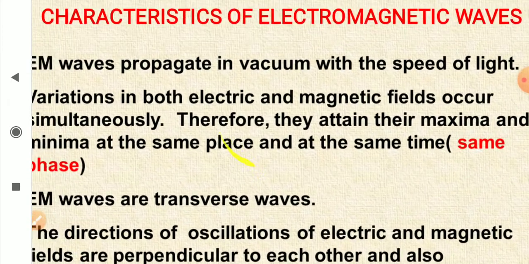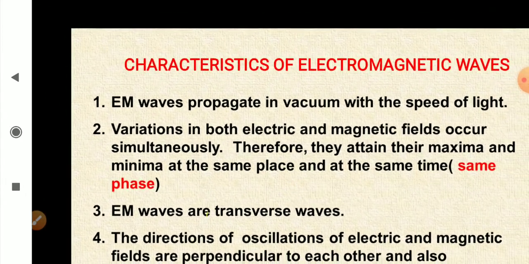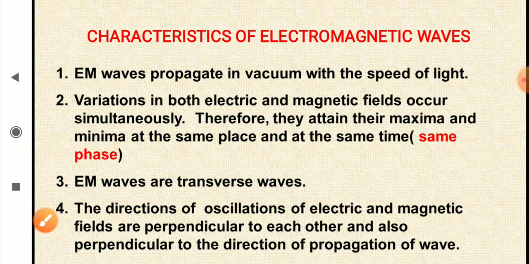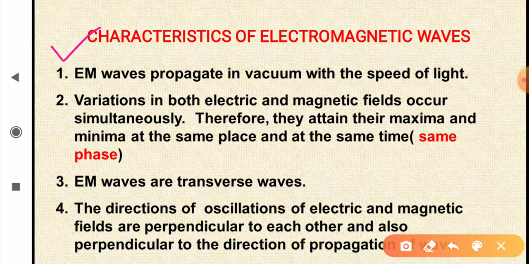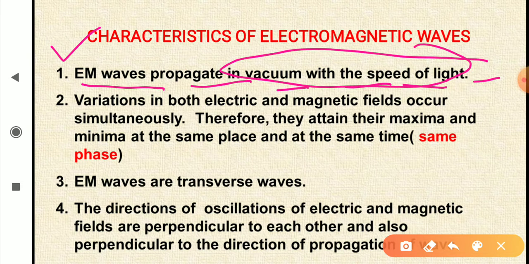Now let us look at the properties or characteristics of electromagnetic waves. Starting with the first one. EM waves propagate in vacuum with speed of light. So we have variety of EM waves starting from radio wave, visible light, microwave, infrared, ultraviolet, gamma rays, X-rays. They all propagate in vacuum with same speed and which is speed of light.